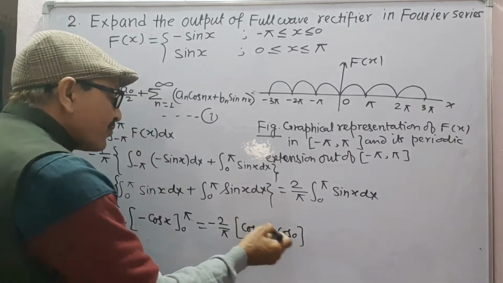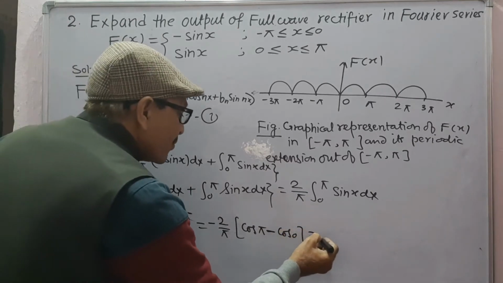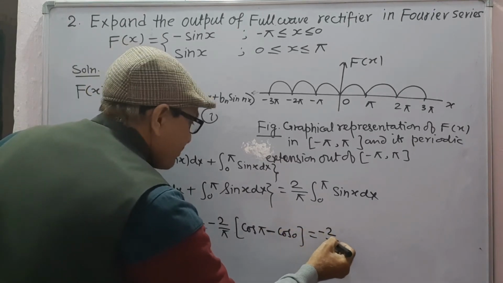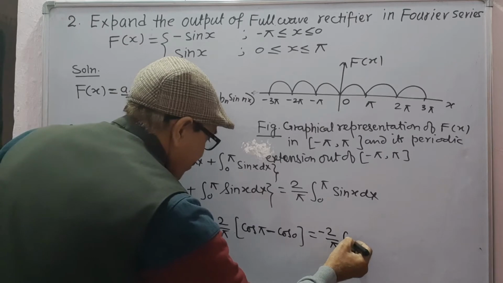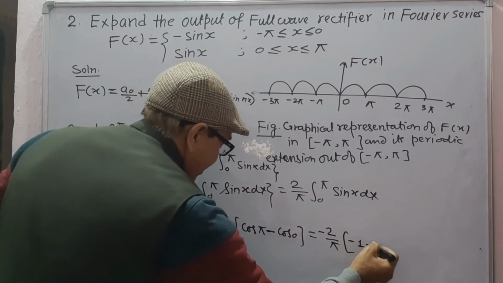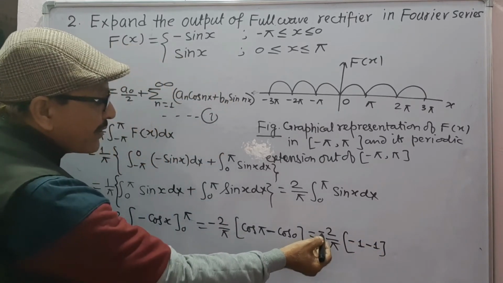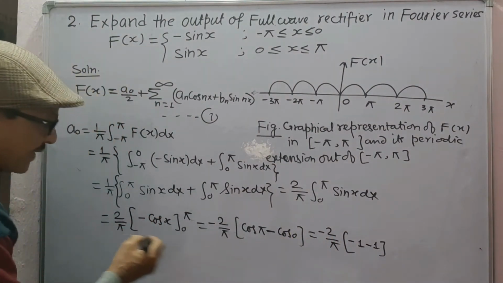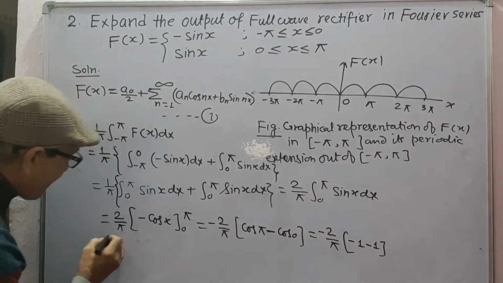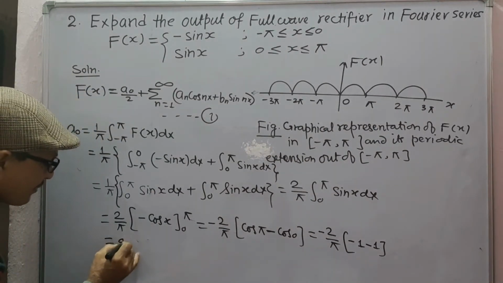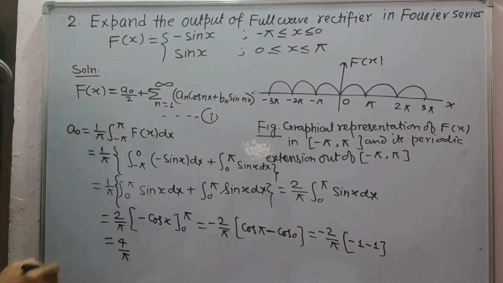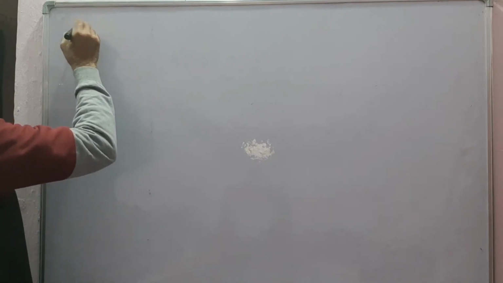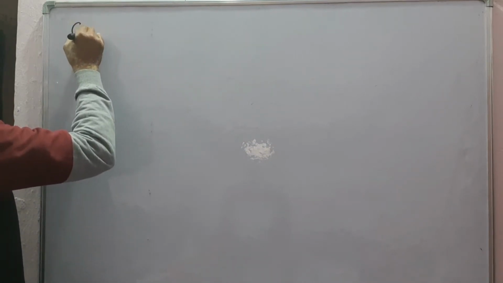Cos pi is minus 1 and this is also minus 1. So this is minus 2 upon pi into minus 2, which becomes 4 upon pi. Now we get a n.